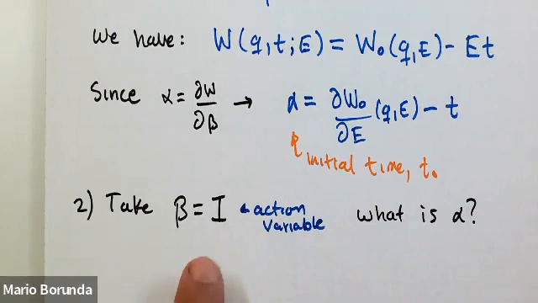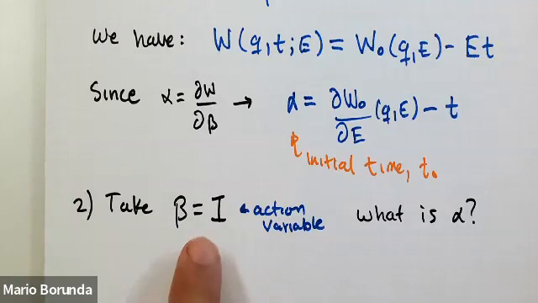So we had this I as the action variable and a theta, the angle, right? The action angle was theta, I and theta. That's what we were doing before when we were untangling things and making them straight lines.